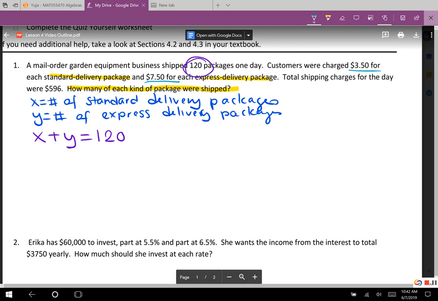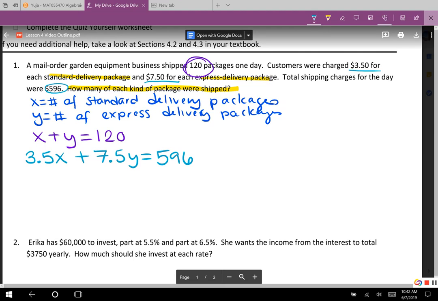And then here's the total charges. So if we've got X packages and we charge $3.50 per package, 3.50 times X would be the total amount we've charged. And then same reasoning, 7.50 times Y should be the total charges on Y express packages. And that's going to have to add up to 596, the total charges.